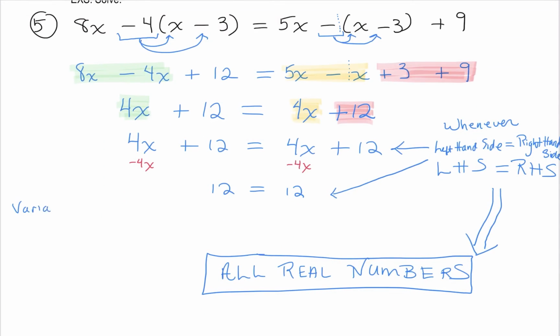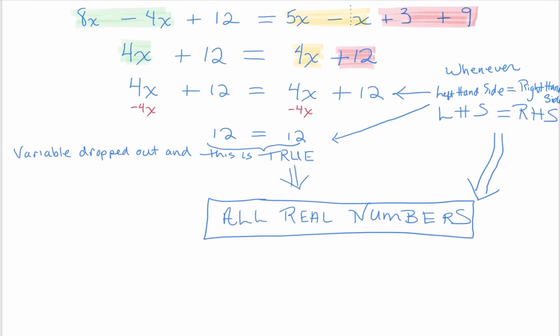So if we notice here, yeah, the variable term did drop out, okay, and, kind of contrasting it with the last example, what's left here is a true statement. So that's how we can contrast it with the no solution case.